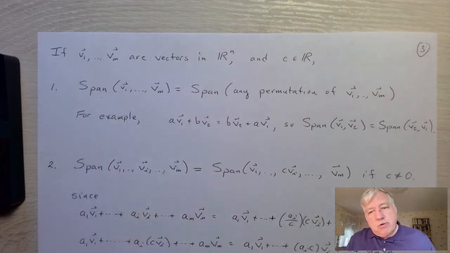Remember the 3 kinds of elementary row operations you can perform: you can interchange 2 rows, you can multiply 1 row by a non-zero constant, and you can add a multiple of 1 row to another row. We want to show that none of those operations change the row space of the matrix.